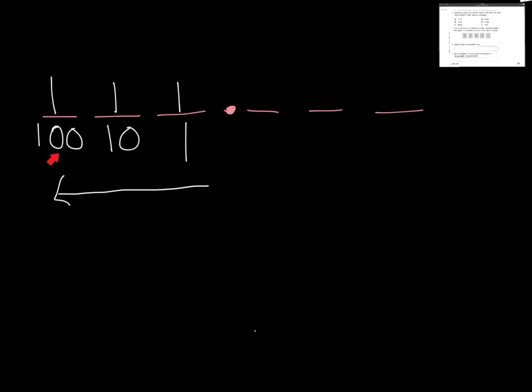We're increasing by 10. 10 times 10 equals 100, so we're increasing by 10 there as well. So you can see quickly just from the first three place values that going from right to left is increasing the value of the digit by 10.